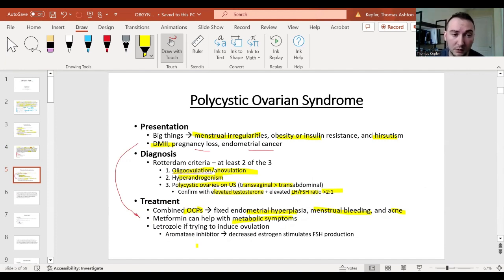So if you have a patient who's pregnant and they develop gestational diabetes after the 20th week, then you want to start them on insulin therapy. Then you want to use letrozole, an aromatase inhibitor, if you're trying to induce ovulation. This has always had a confusing mechanism to me, but basically we inhibit aromatase, and that kind of stops this entire HPG axis and allows it to restart, so that can stimulate FSH production again.